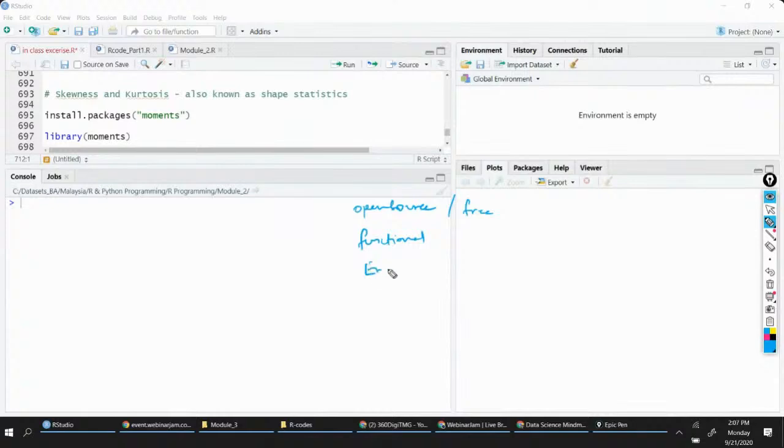It's a high level English-like language, and it is an interpreted and interactive programming language. It's developed for statistical computing, and it has very easy syntax to write the programs.